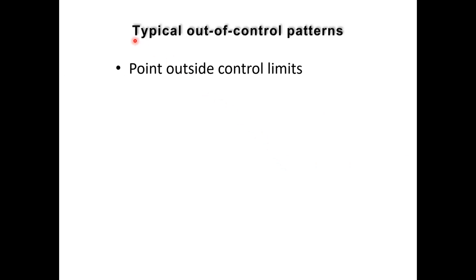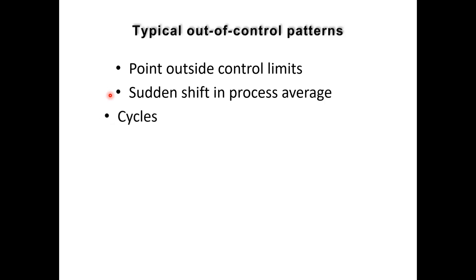When is the process said to be out of statistical control? Number one is when you identify some points lying outside the control limits. Also when there is a sudden shift in process average, meaning some changes in the mean values. There are cycles that you can identify on the control chart. You can identify trends of points, although they are within the control limits.